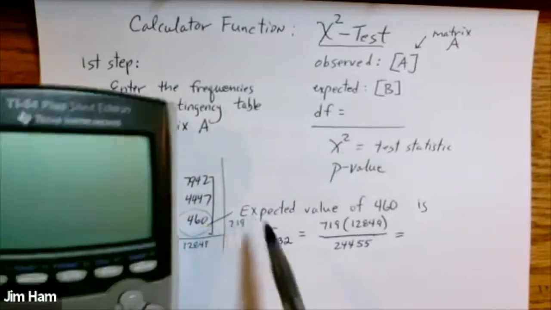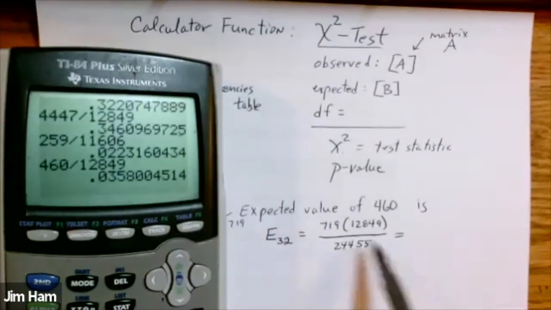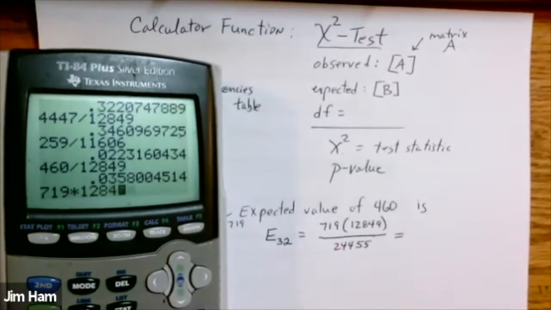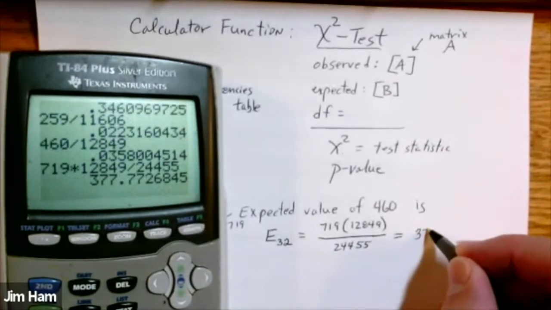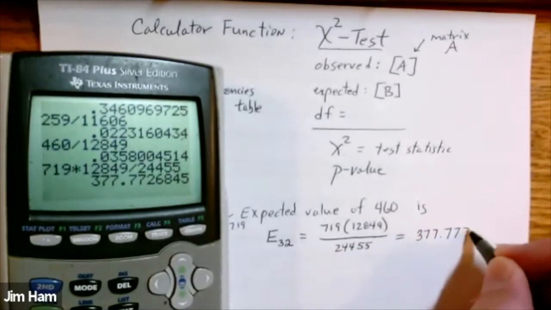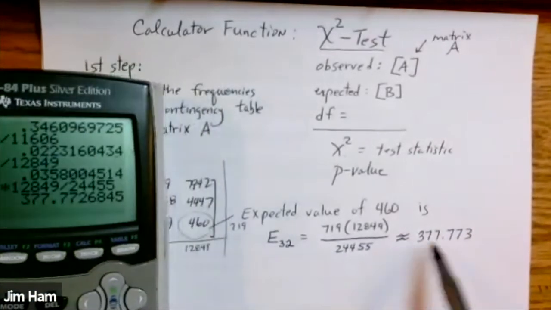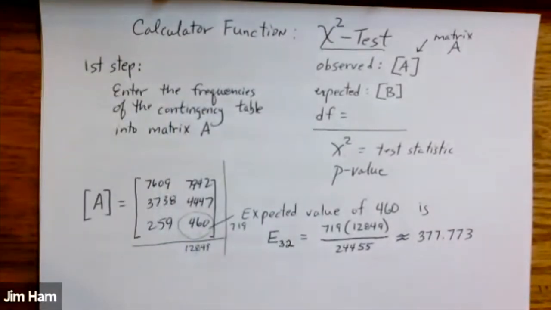If it's different, then we should expect to see a statistically significant difference. So 719 times 12,849 divided by 24,455, and we get 377.773, rounded. That's quite a ways away from 460. So again, we know that we've seen some differences in this data. And here's another way that we can see it: expected values are quite different.